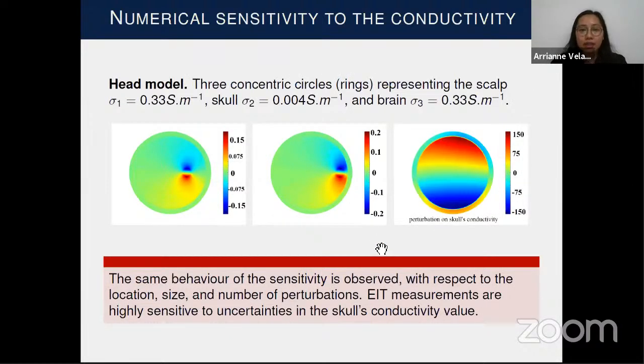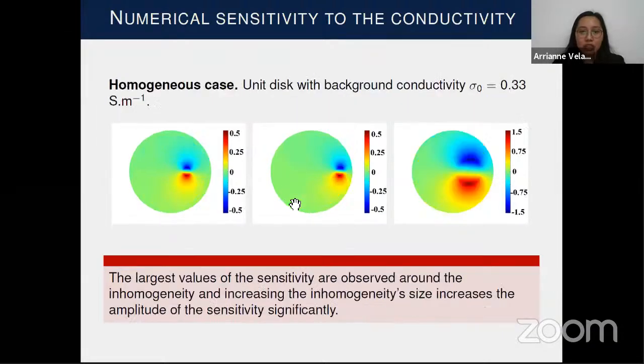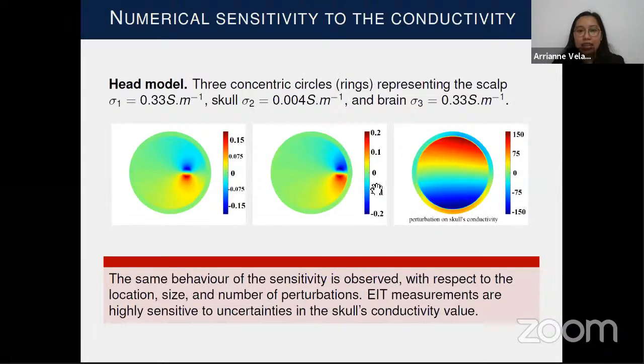For the head model, we have the same representation, three concentric rings, and this is the perturbation near the center. This one is near the boundary, and compared to that of the homogeneous case, we get relatively smaller sensitivity values here. And again, even if the perturbation is near the boundary, voltages at the electrodes near the inclusion are almost unaffected.